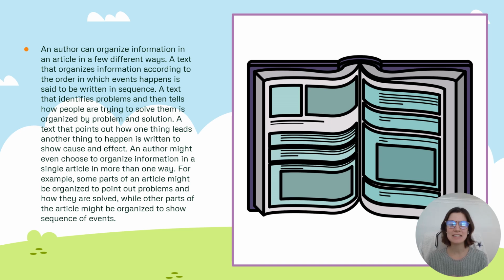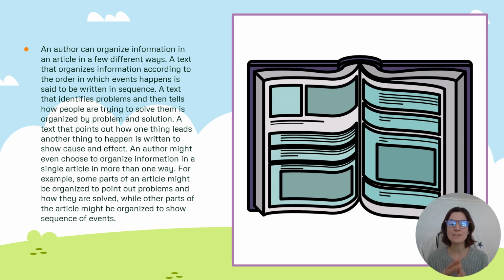A text that identifies problems and then tells people how to solve them, or problem and solution, is called problem and solution. A text that points out how one thing leads another thing to happen is written to show cause and effect.